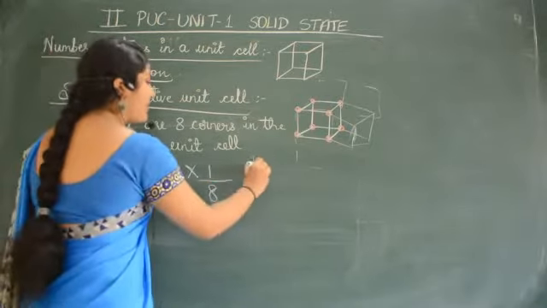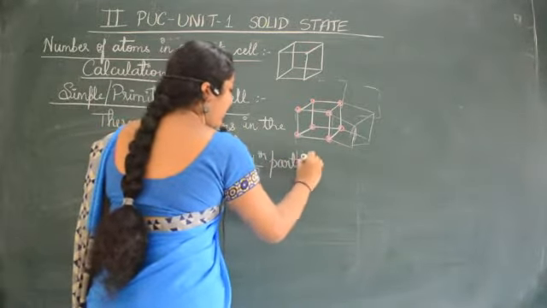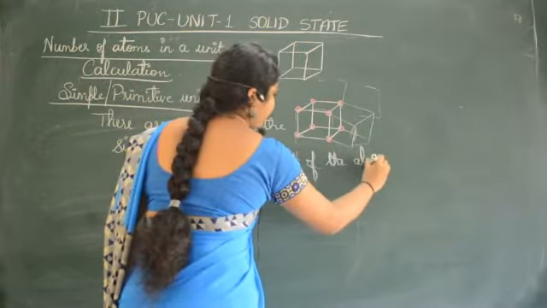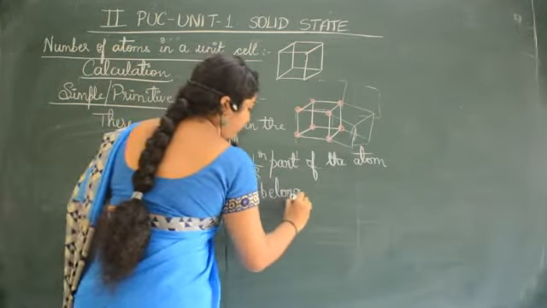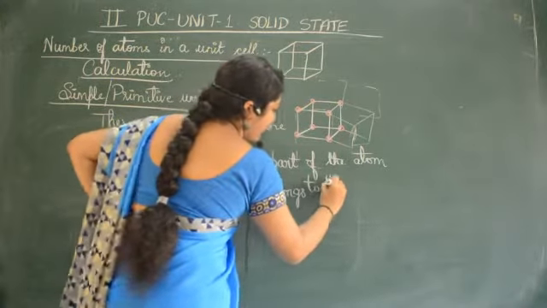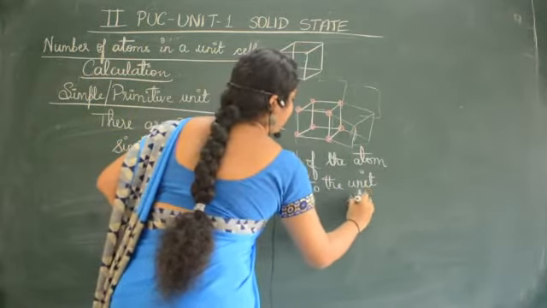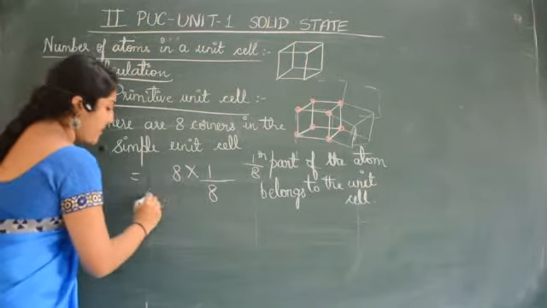So 1 by 8th part of the atom belongs to the unit cell. So we calculate it this way. What does this represent?